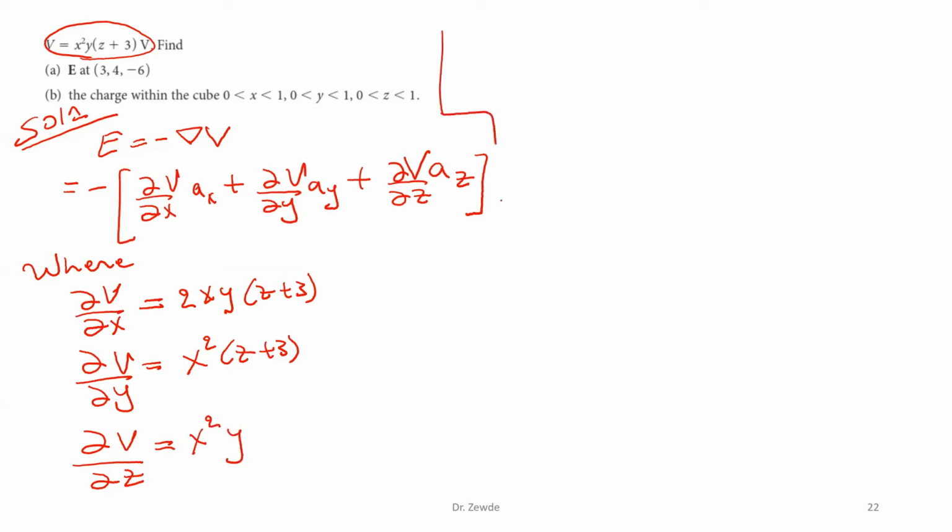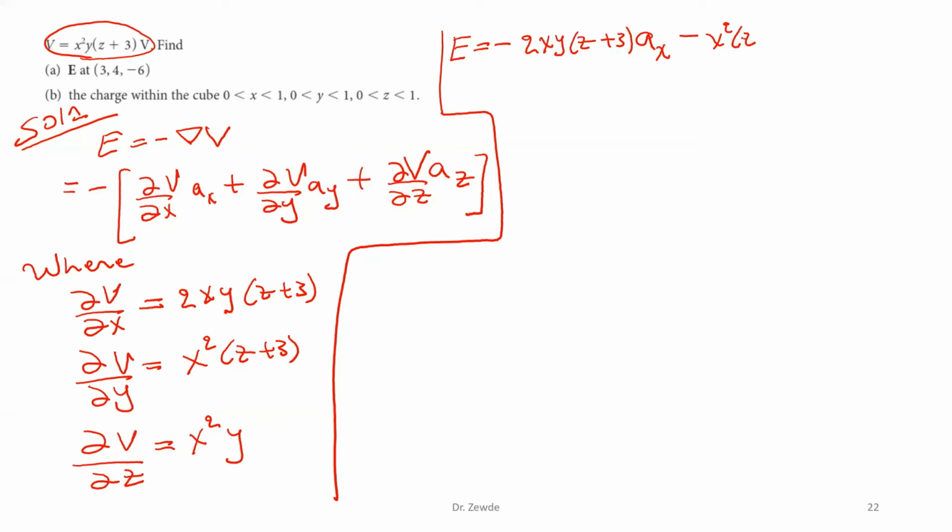So I can substitute these expressions here. The electric field vector E will be minus (2xyz plus 3) ax minus (x squared z plus 3) ay minus x squared y az.